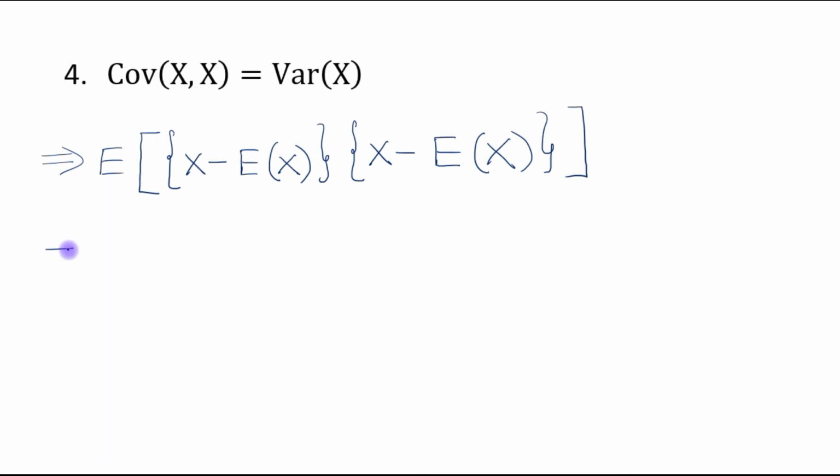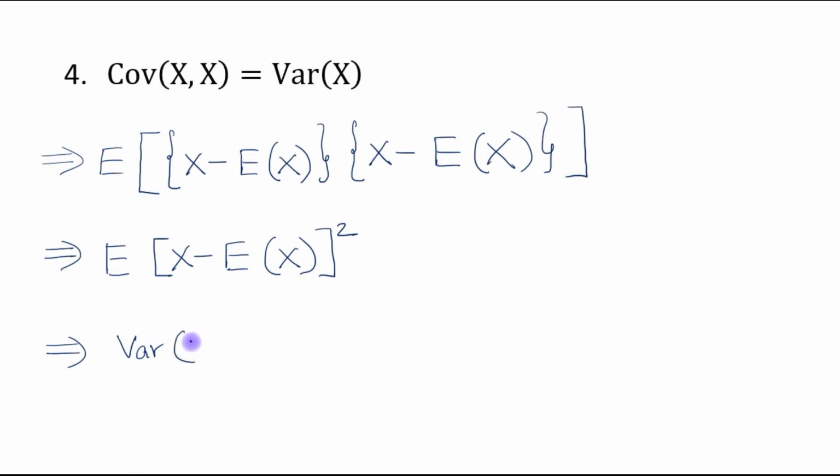Next step, expected value of x minus ex whole square, and we know that this is the formula of variance of x. So we have proved that covariance between x and x equals to variance of x.